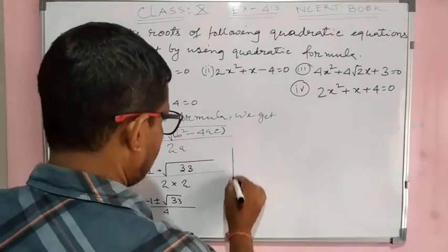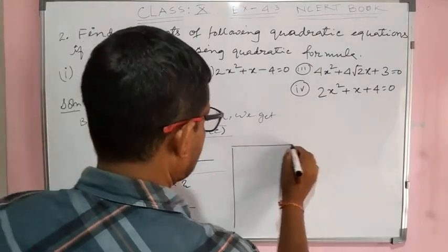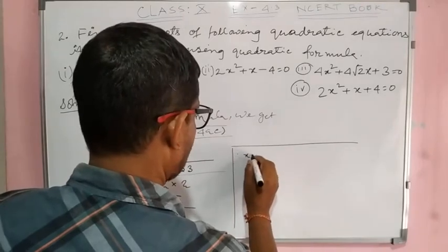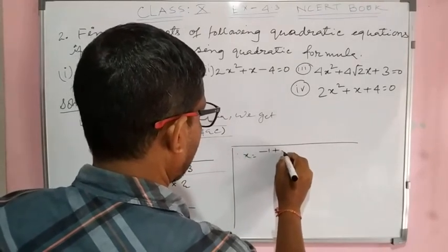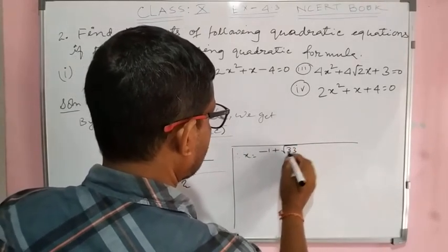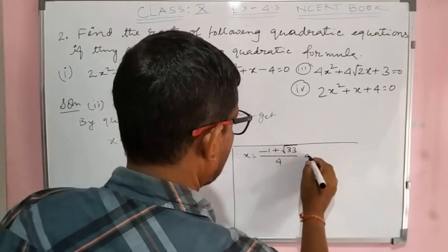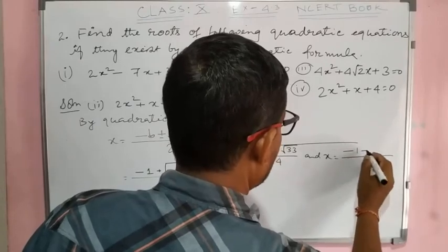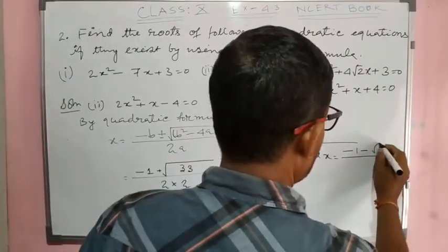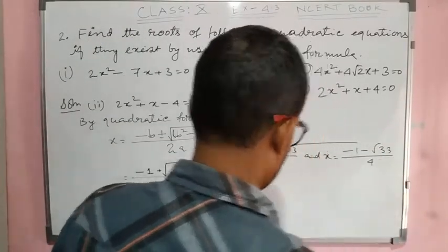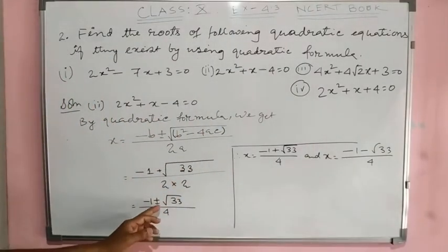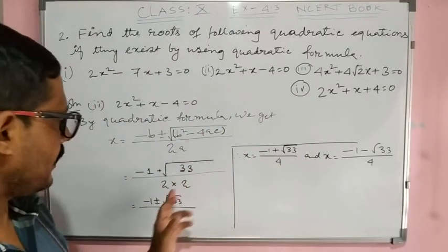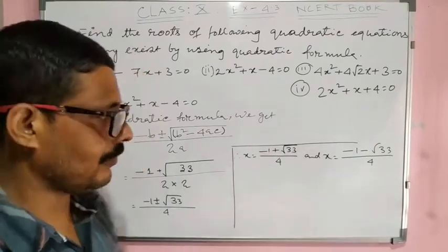Therefore we can write this as x equal to minus 1 plus root 33 by 4 and x equal to minus 1 minus root 33 by 4. Writing it once with plus and once with minus, we get the two values of x.